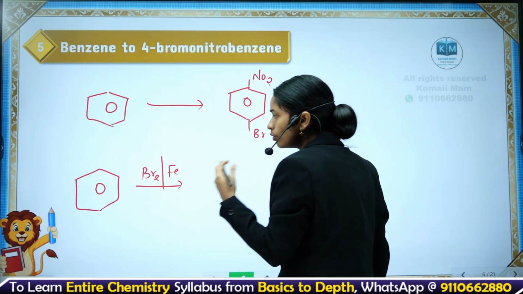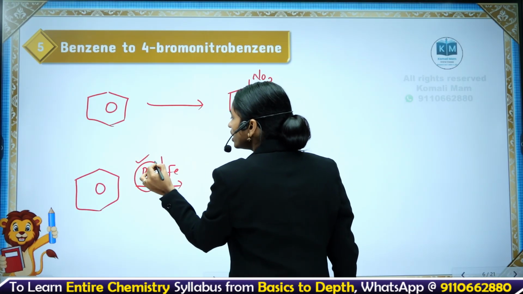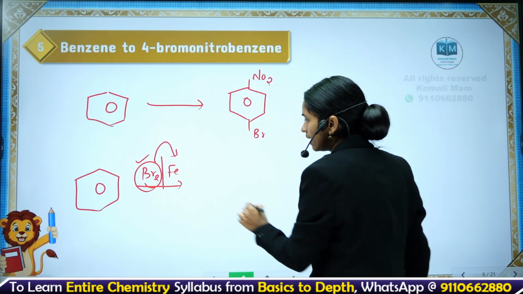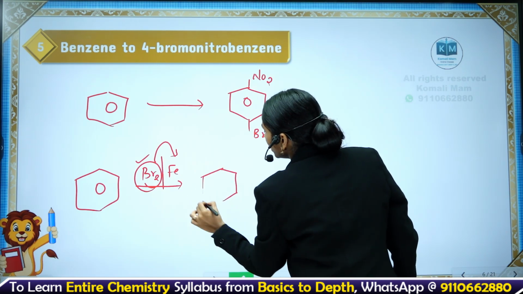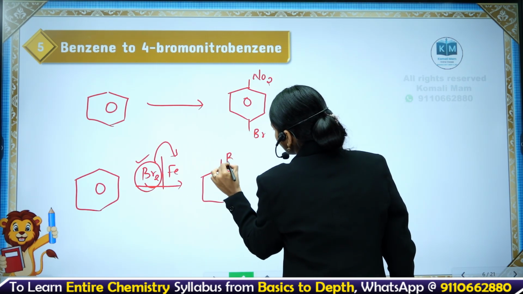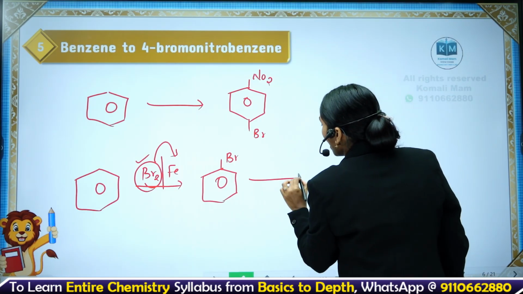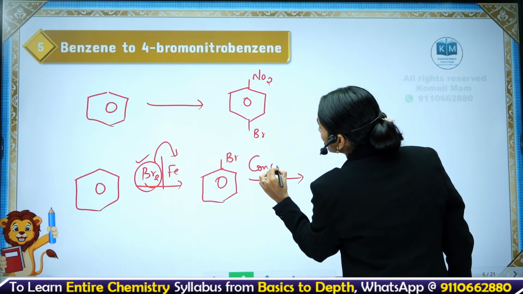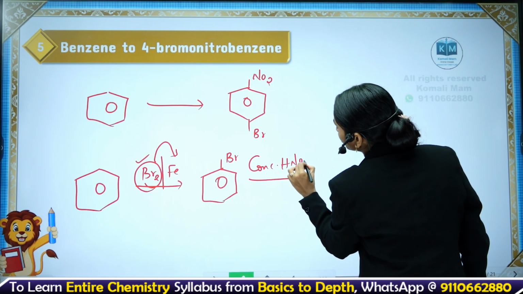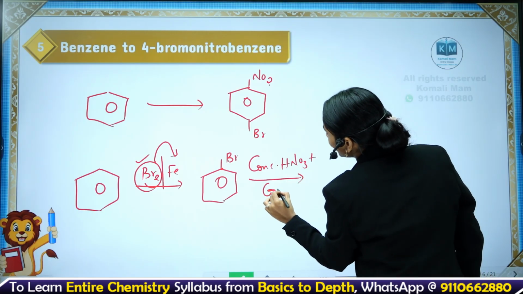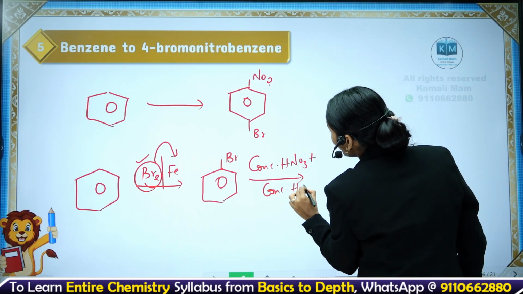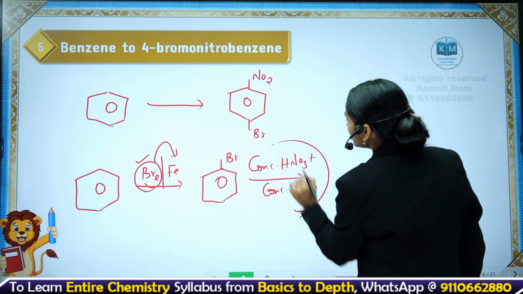If I do bromination in the presence of iron as a catalyst, what will be our product? Bromobenzene is our product. And then I will treat it with concentrated HNO3 plus concentrated H2SO4. Then what will happen? It is the nitration mixture.